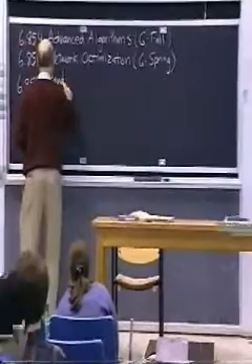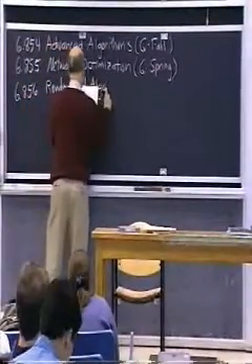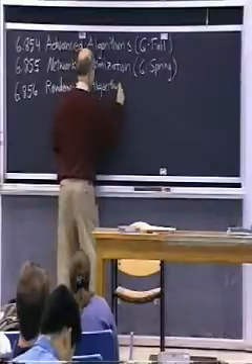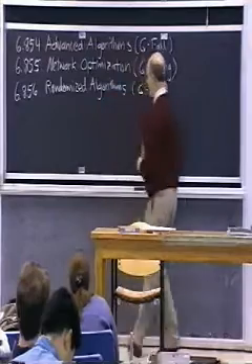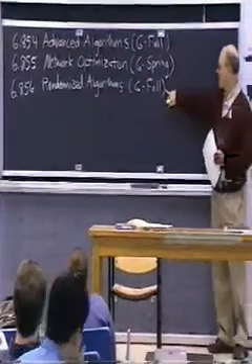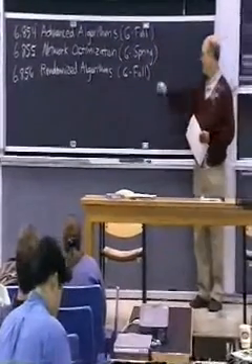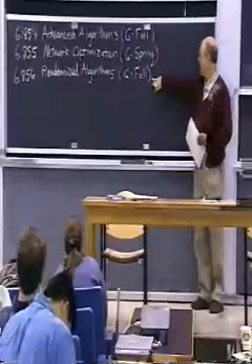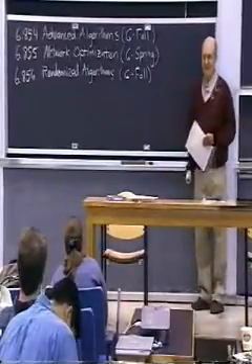Randomized algorithms. This is taught next fall. So if you like probability, this is a hard course. It's probably the hardest of these three. There's lots and lots of opportunity to understand how randomness helps us compute fast.